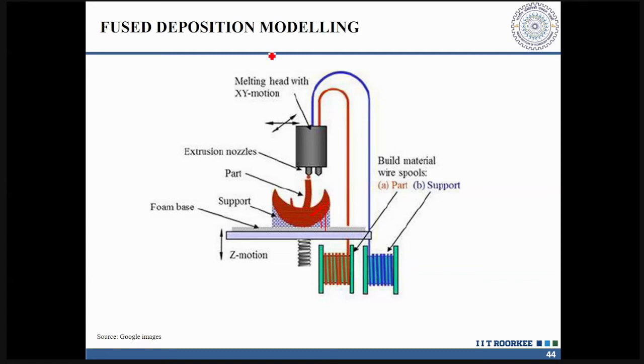In general, the melting head temperature varies from 200 to 300 degrees centigrade, and the most commonly used materials in FDM have a melting temperature of 220 to 230 degrees centigrade. So they are converted into a semi-molten paste that can be extruded out of the nozzle.